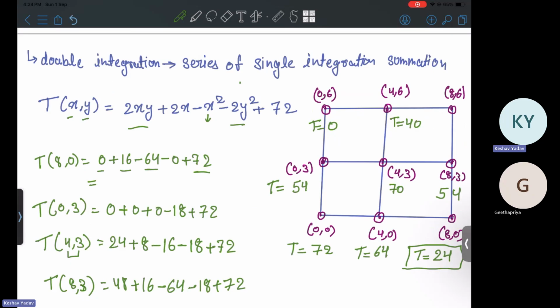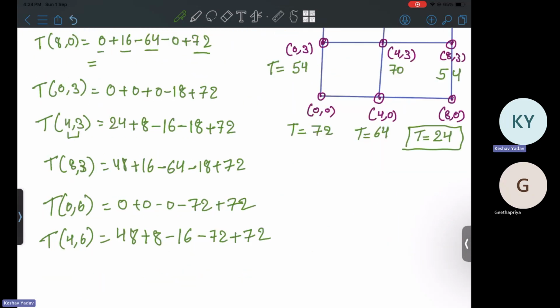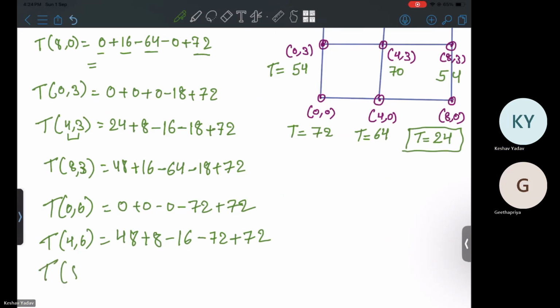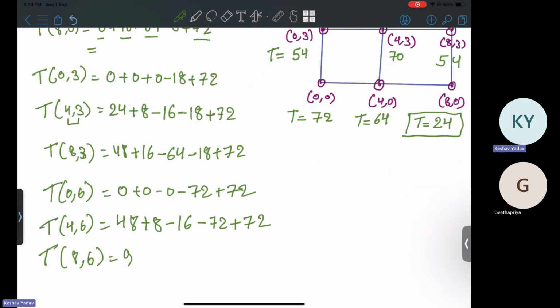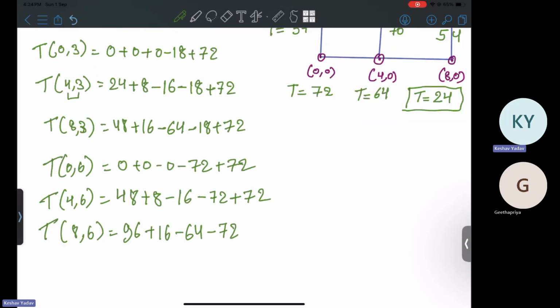Okay. Now 8 and 6. If we put 8 and 6. So 8 if I have put 96, plus if I put 8 here, that will become 16 minus 64 minus 72. This will become 72 plus 72. So this will be 96 plus 16 minus 64.